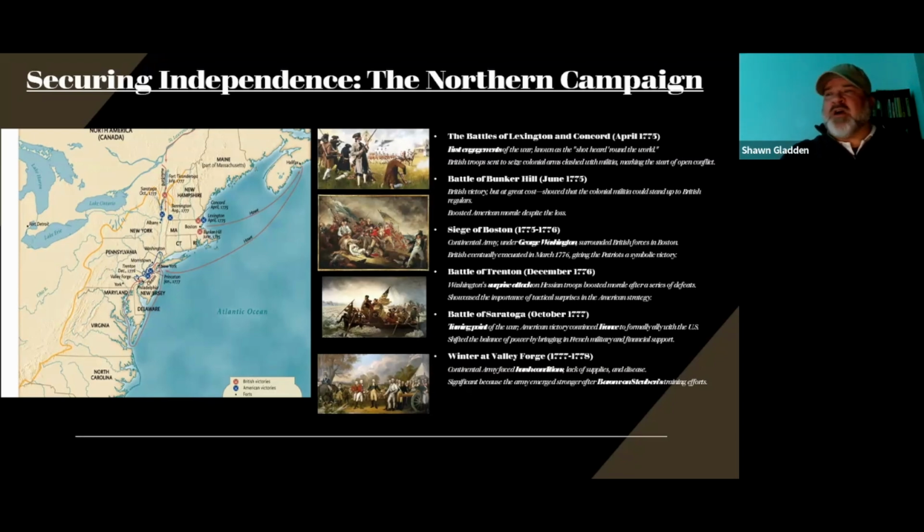It's the turning point of the war. The American forces, led by General Horatio Gates, are going to face General John Burgoyne's army in upstate New York. Now, Burgoyne thought he was going to have support, but unfortunately, he did not. This victory convinced France to formally ally and give its military and financial support.